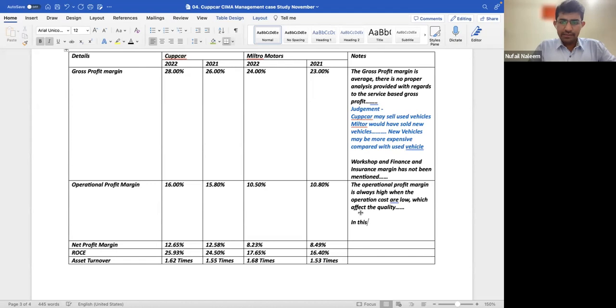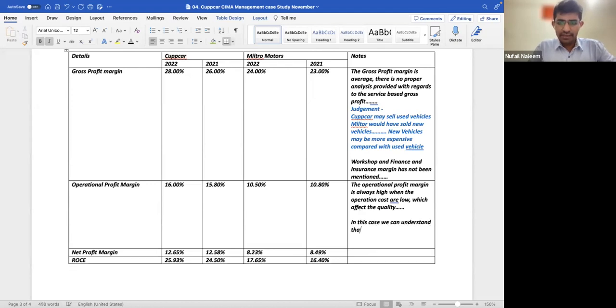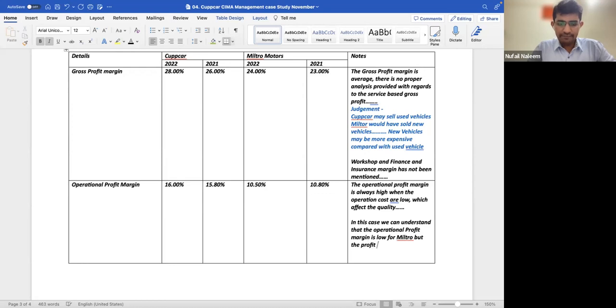In this case, we can understand that the operational profit margin is low for Miltro, but the profit growth is high, mainly because of better service.